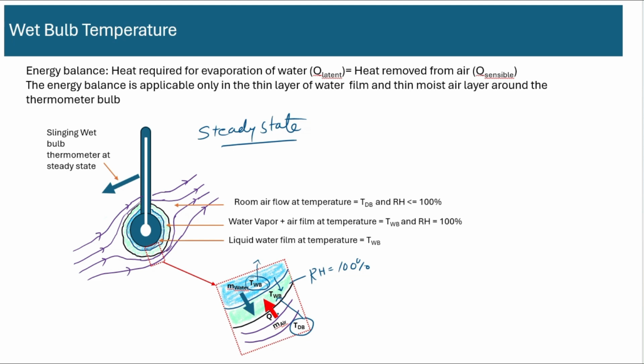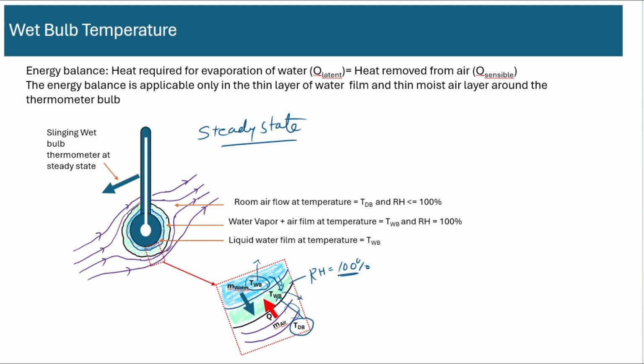So the amount of heat that is pulled from this air to reduce its temperature to the wet bulb temperature and then bring some moisture out is enough to vaporize more water and bring some moisture in here. So continuously this is happening to maintain 100% humidity here and to keep evaporating the water.